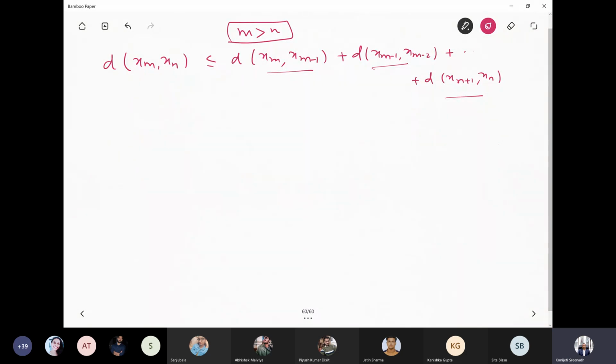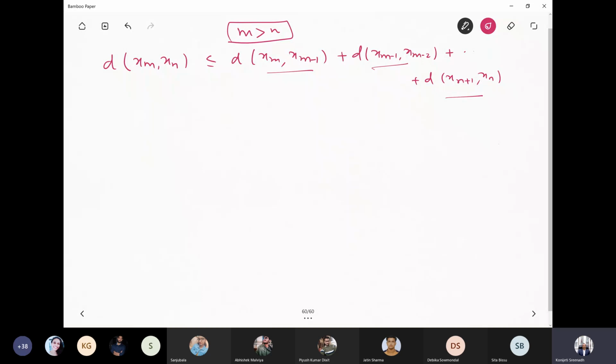Sir, this is by the triangle inequality, in metric spaces. What metric space doesn't have the triangle inequality? Yes, sir. So d of xm minus 1 and xm, then d of xm minus 1 and xm minus 2. So here it should be d of xn minus 1 and xn.